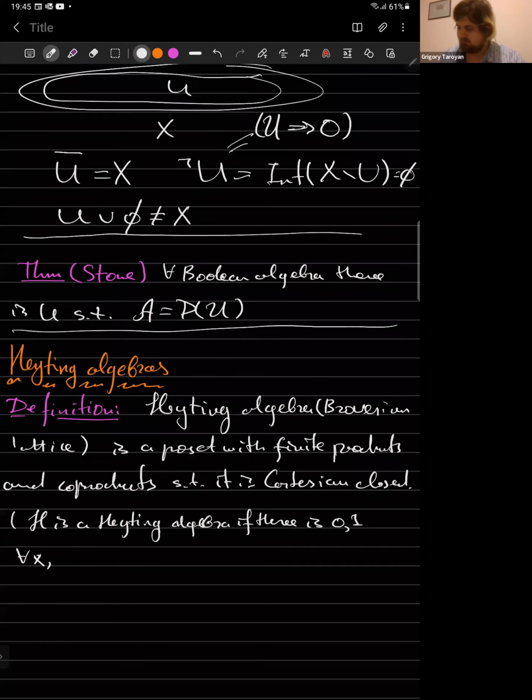So it is obviously a lattice. The Heyting algebra, if it's a lattice, there is 0 and 1, and for any two objects we have y to the power of x, which is usually denoted like this.